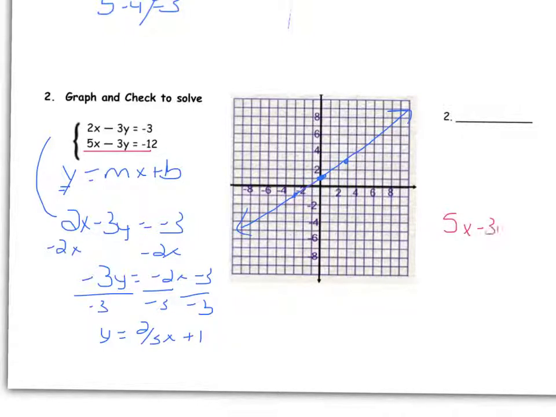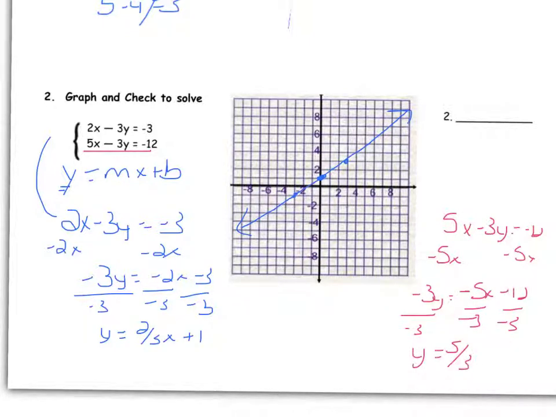5x minus 3y equals negative 12. So we're going to subtract 5x from both sides. So negative 3y equals negative 5x minus 12. Divide everything. So y equals 5/3 x plus 4.